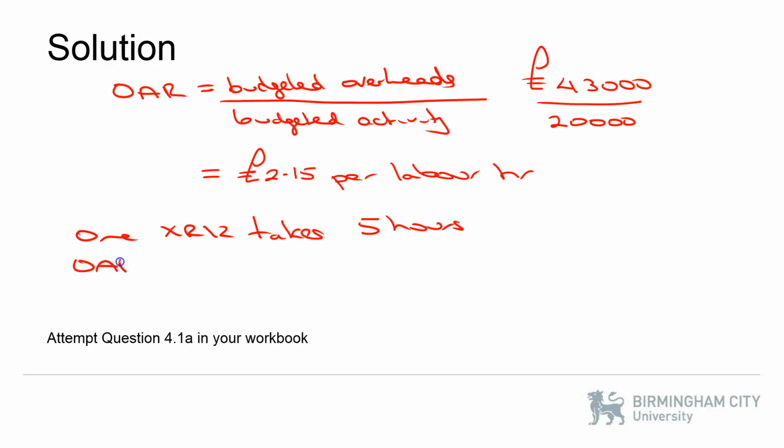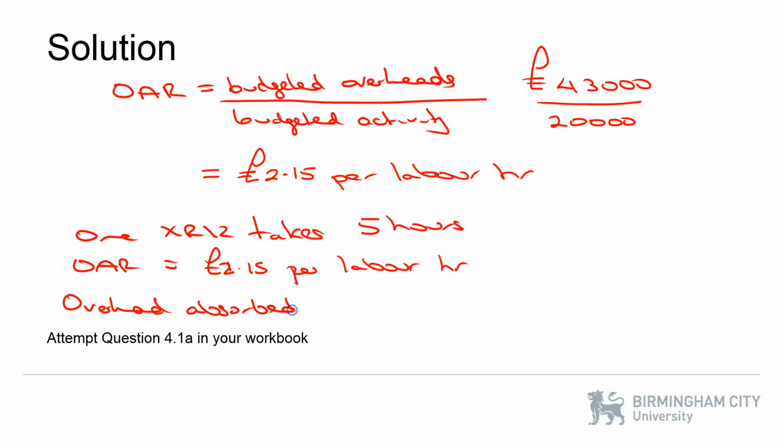The overhead absorption rate is £2.15 per labour hour. So the overhead absorbed, or added, is £2.15 for every labour hour, and the XR12 takes 5 labour hours.